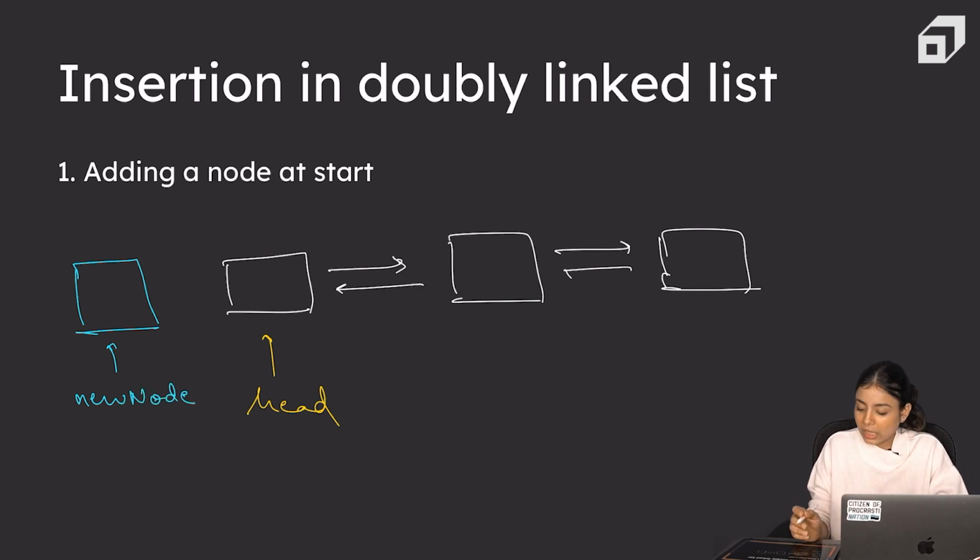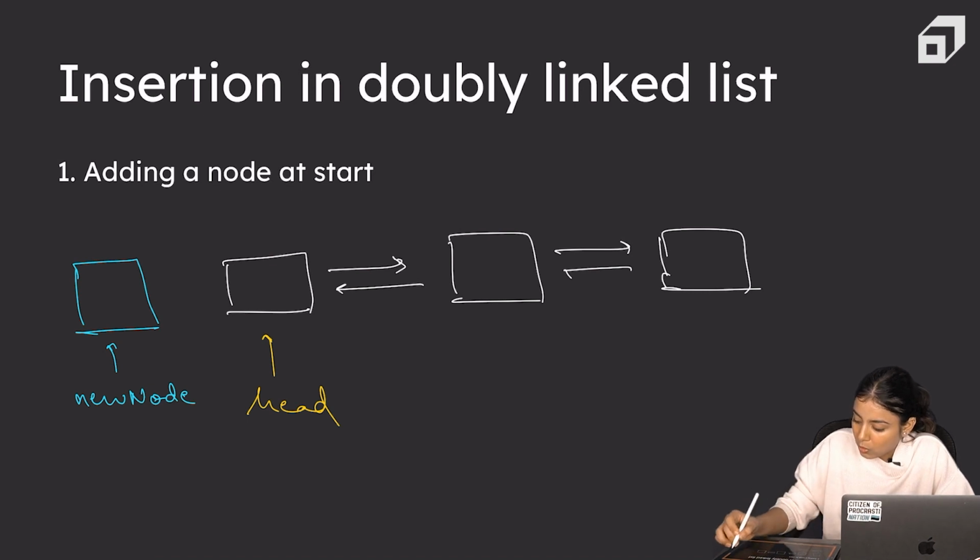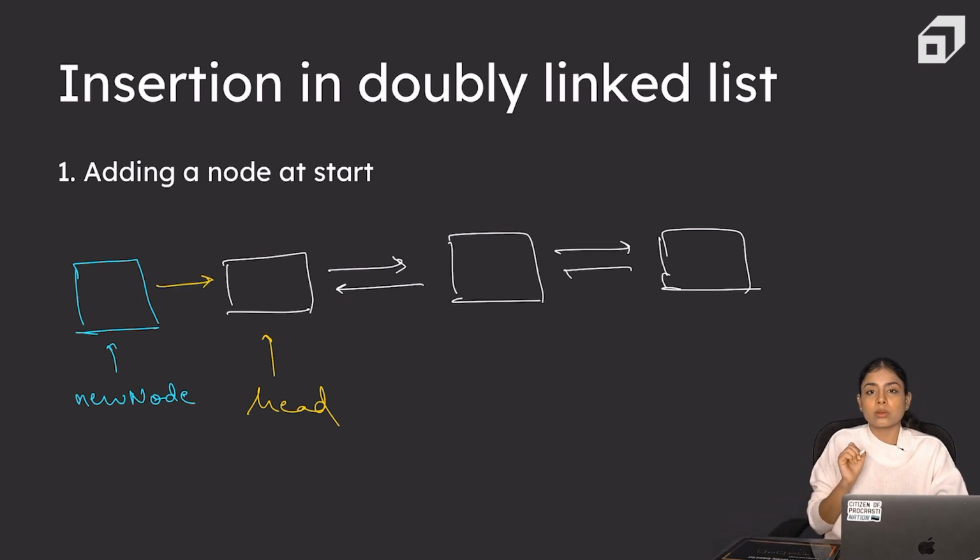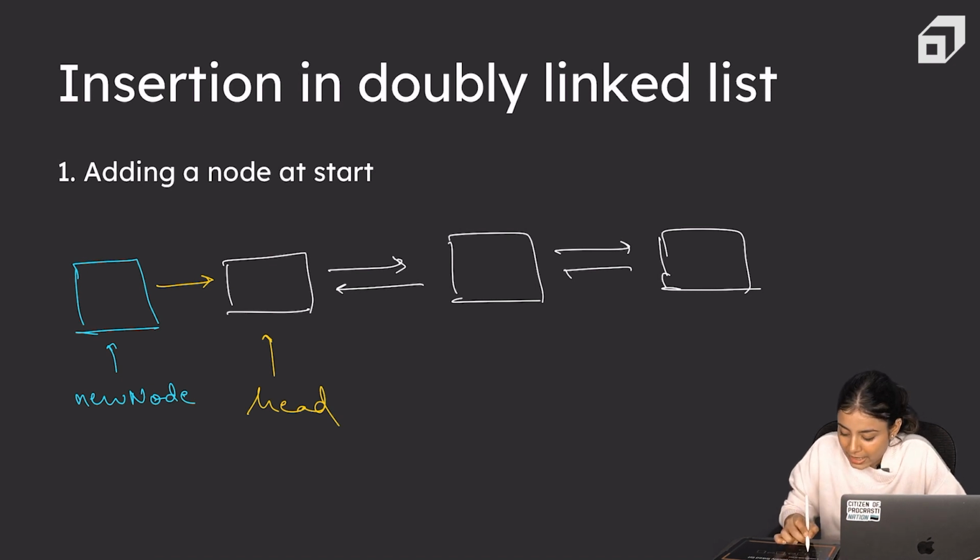Now to insert it at the beginning, first of all, I'll have to make the new node's next point to my head, and my head's previous point to my new node.